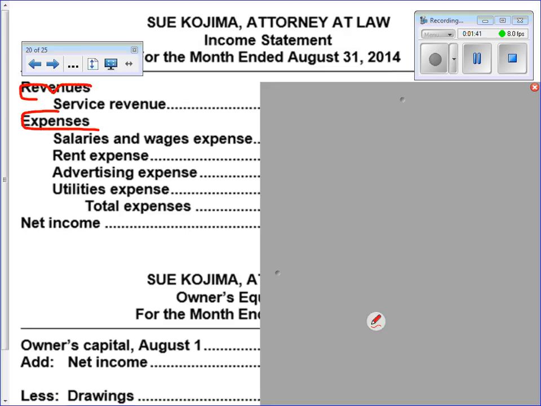You have the headings in your workbook, correct? All right, so we only see one service revenue. How do you know how many there's going to be? Well, they'd tell you, okay? There's only one. Why are we not writing total revenue? Why are we not putting a total under revenue? There's only one.